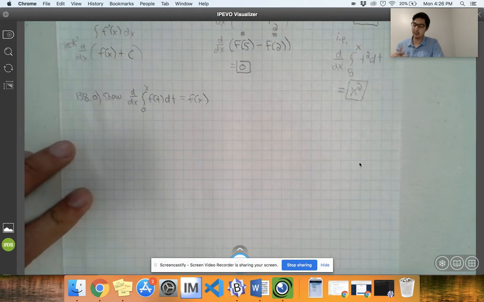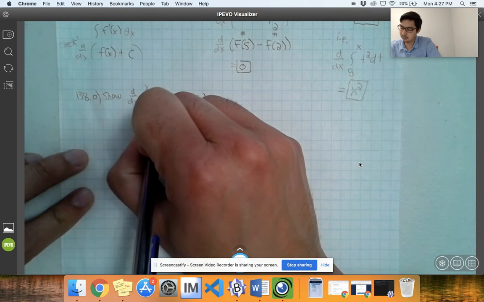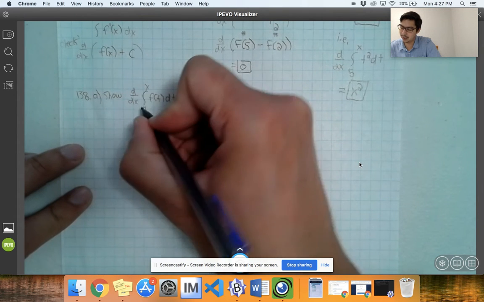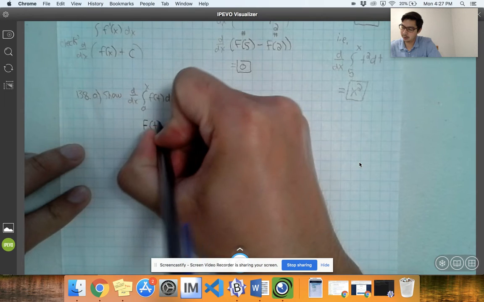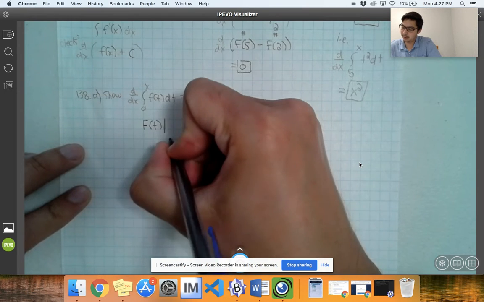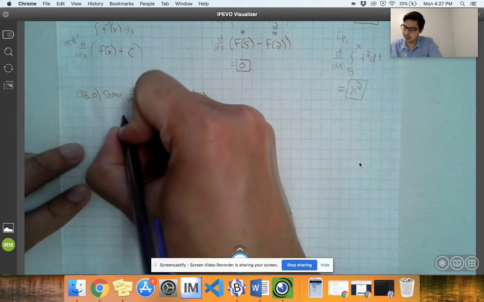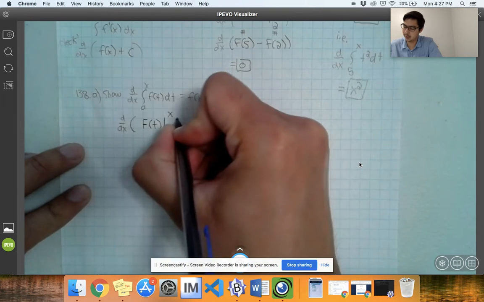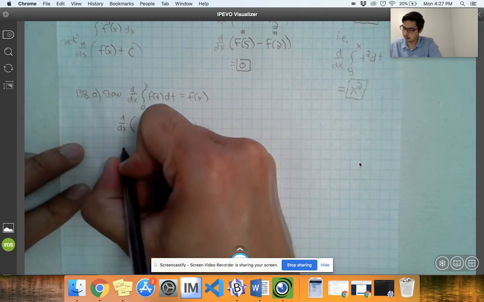All right, so we're going to do it step by step. So we do the integral of f of t. So integrals mean you take the antiderivative of the function, and then we're going to evaluate it on those bounds from a to x. And the derivative stays there. We don't touch that. That just comes down. All right. And then we always do upper minus lower, which is what I was saying.